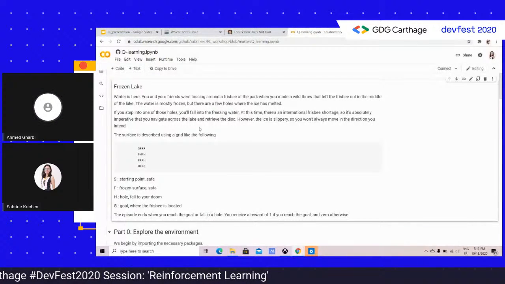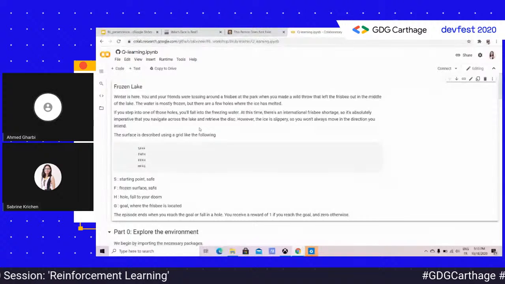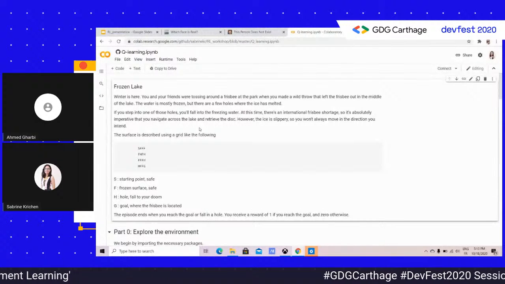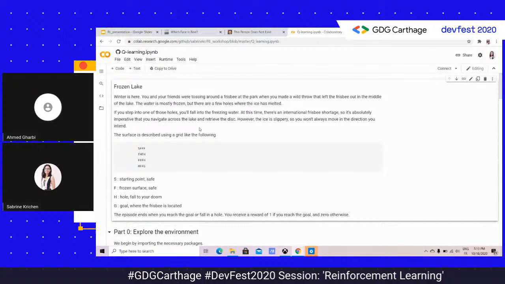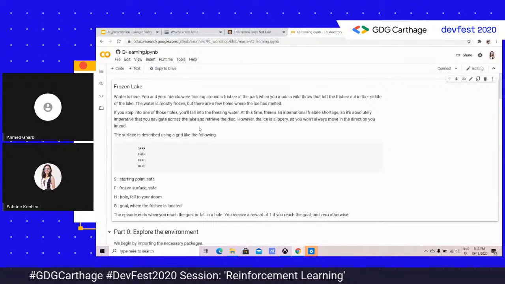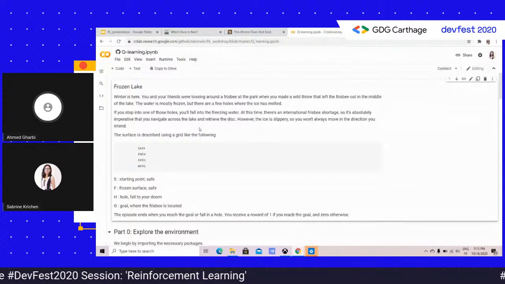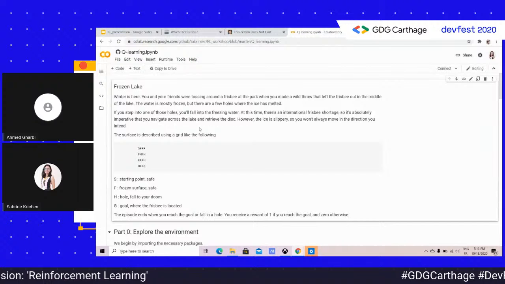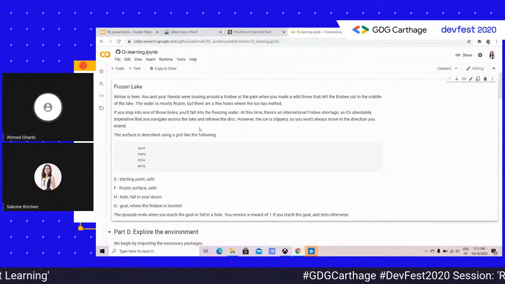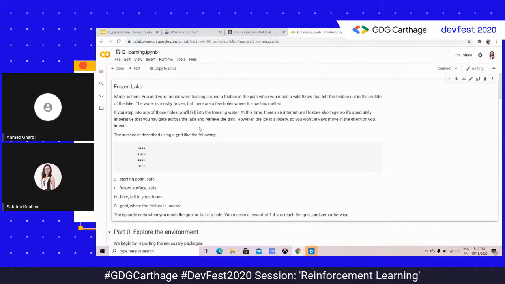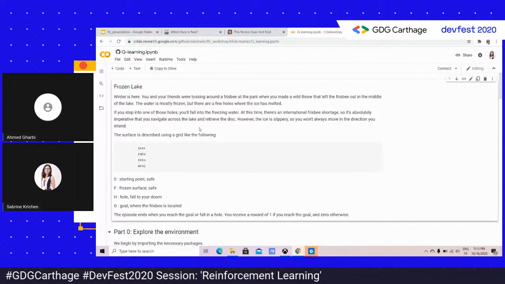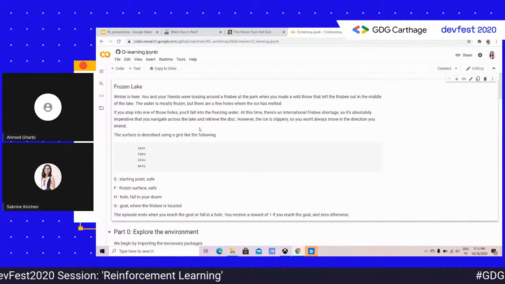So when the agent performs an action, let's say he decides to go down, he will not always find himself in the state below because the floor is slippery. So there is some randomness in the environment, and it's up to the agent to figure out how to get out of this maze.